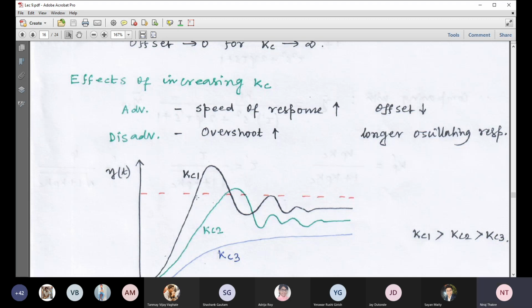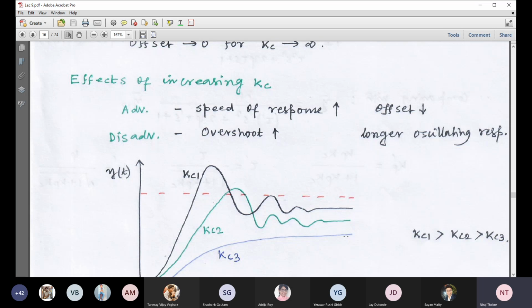I mean, it's reaching this ultimate value earlier than the other cases. You see, Kc1 is the largest value. So that's the speed. It is reaching the ultimate value for the first time earlier than the other cases. Offset is obviously getting reduced. From the expression we can comment this.